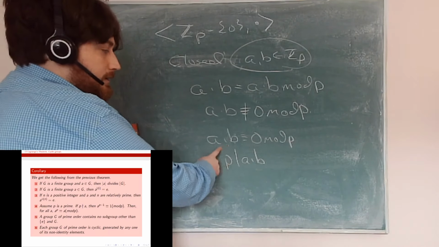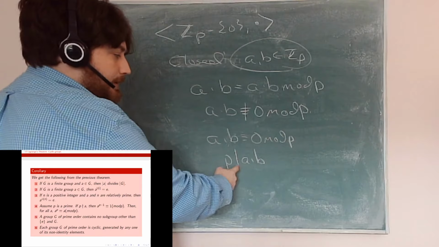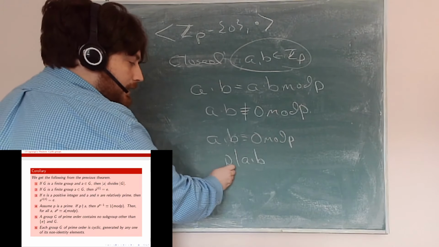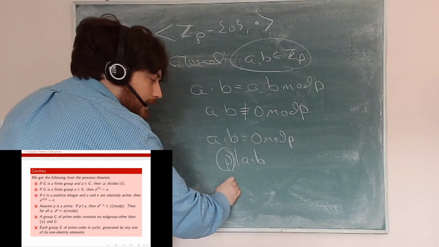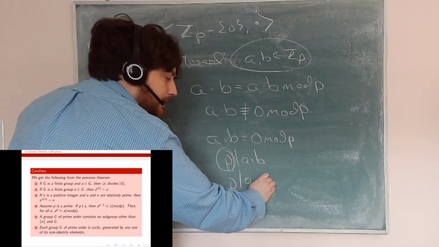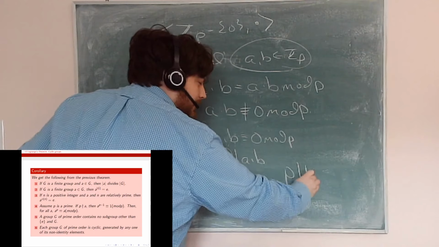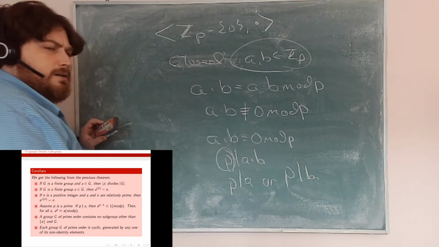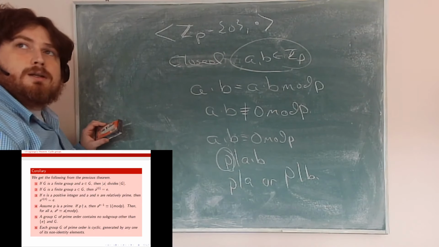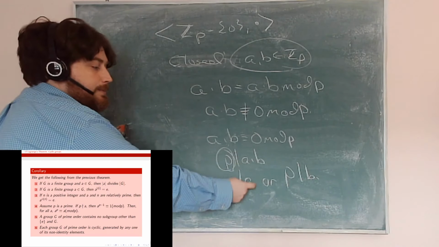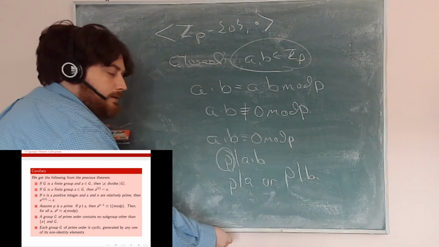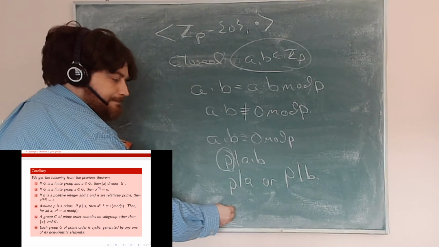What we proved is that if p is prime and p divides a times b, then p divides a or p divides b. By definition, a prime is something where if it divides a times b, it divides a or it divides b. But we were saying what?